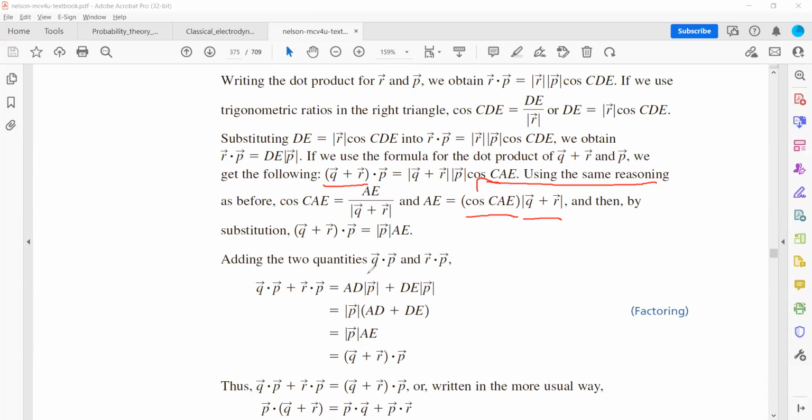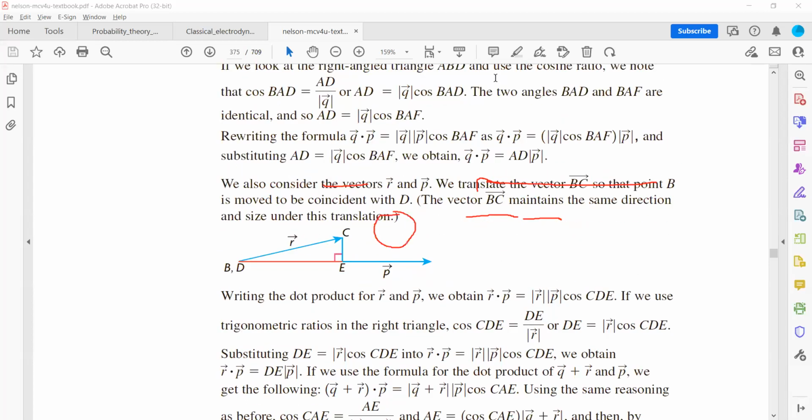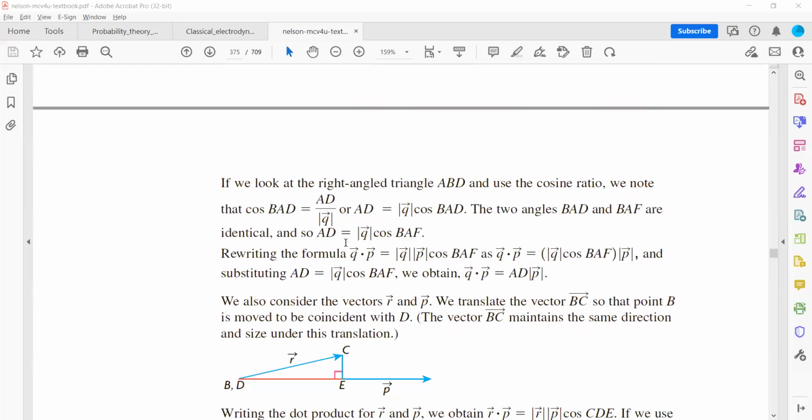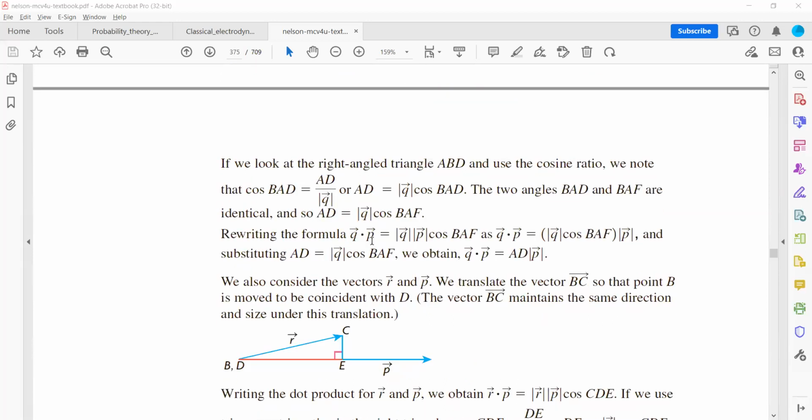Now let's add up these two quantities using what we just converted our dot products into. So first one is modulo P times AE. Then we had another one where the dot product of Q and P is AD times modulo P. And what else?